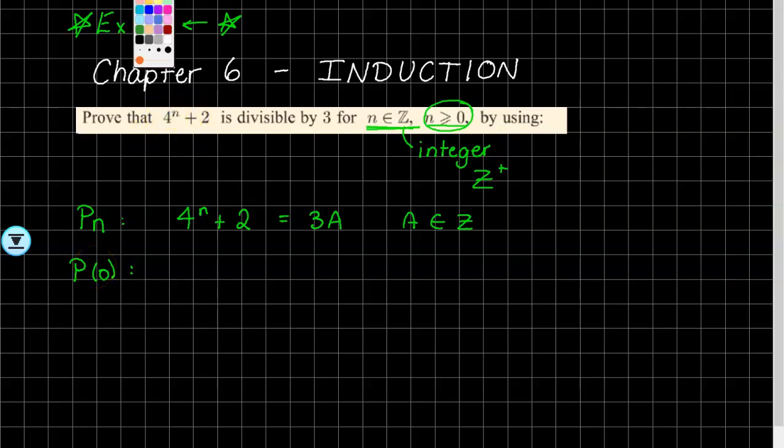I'm just following along. We go 4 to the 0, plus 2. What is anything to the power of 0? 1, plus 2 equals 3. Therefore, P(0) is true.